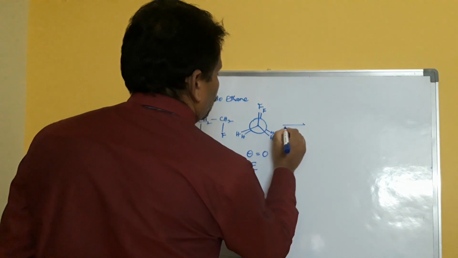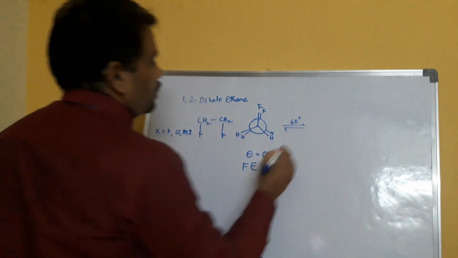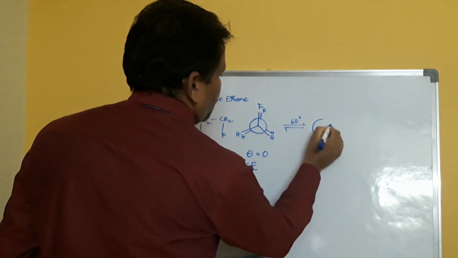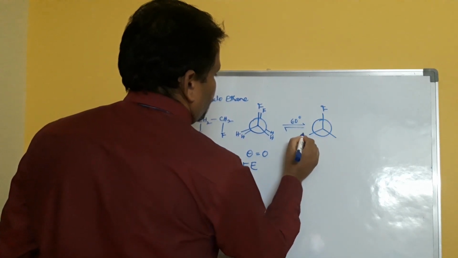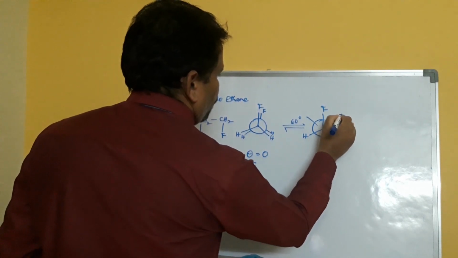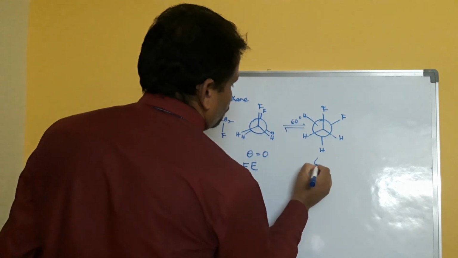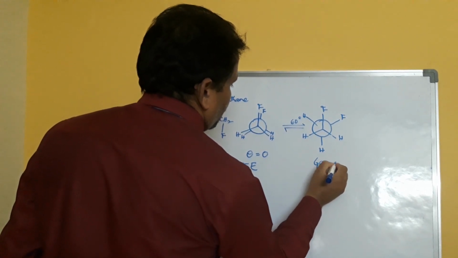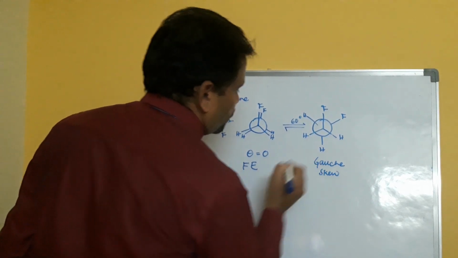So if I rotate 60 degrees about the C-C bond, you will get the gauche conformer. Okay, fluorine, hydrogen and hydrogen, fluorine, hydrogen and hydrogen. So this is the gauche or skew conformer.